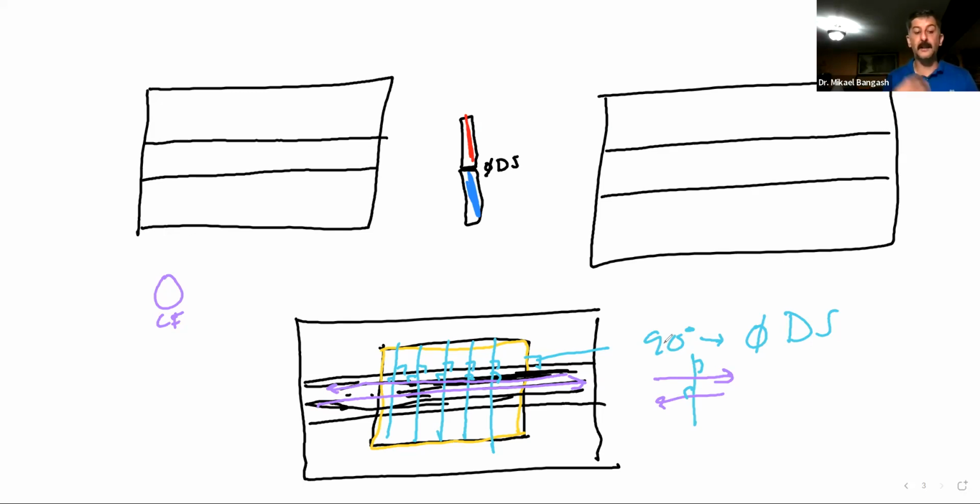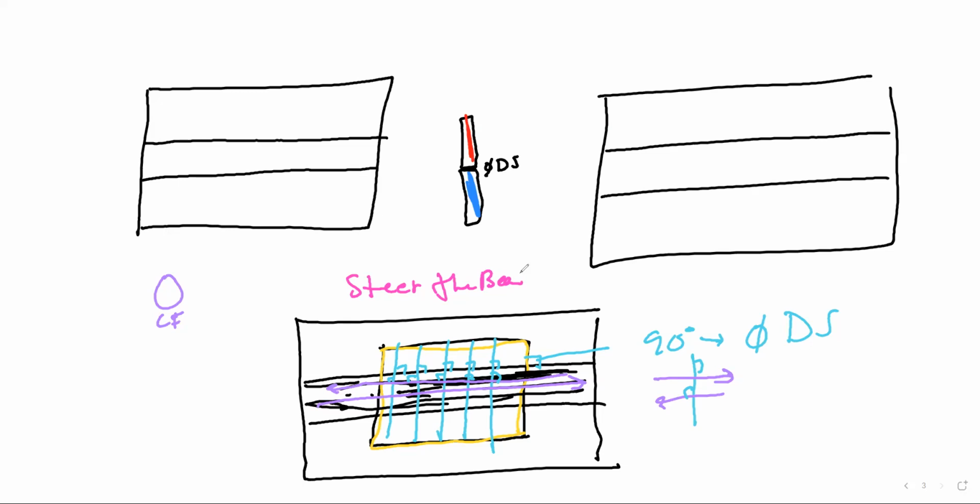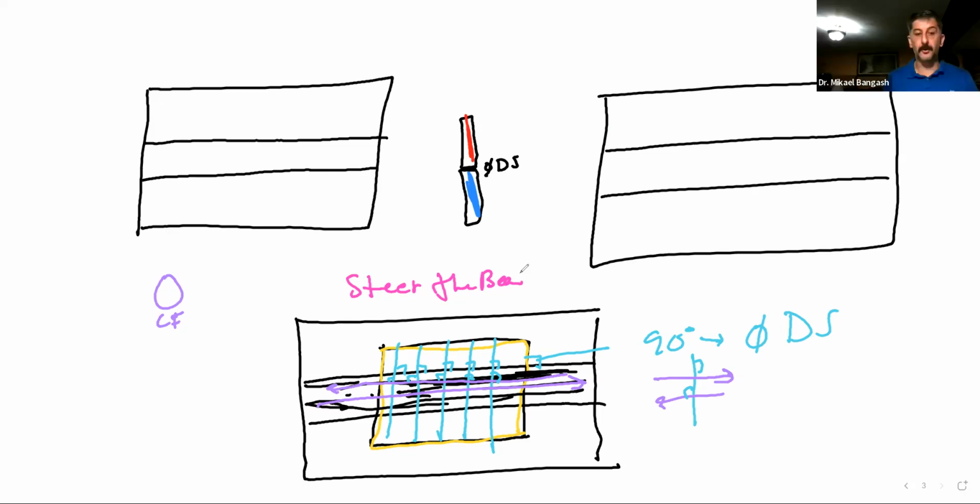So what would be the right thing to do here? The right thing to do would be to steer the beam. Did that make sense? Now you may ask, how do we steer the beam?